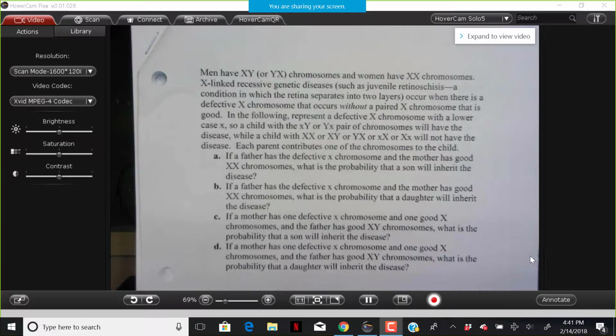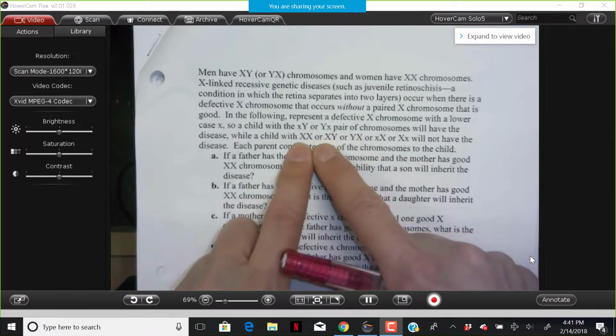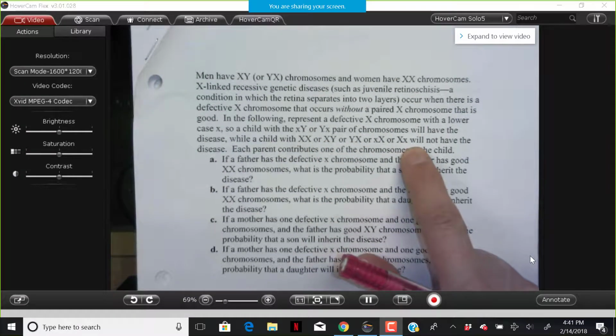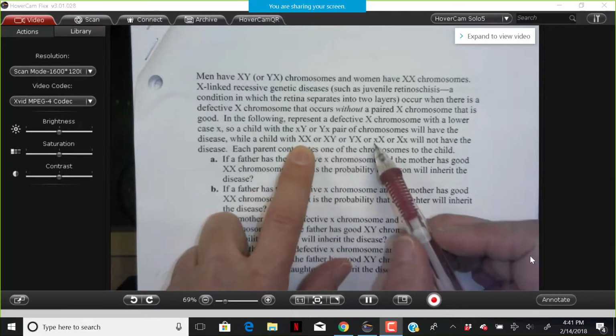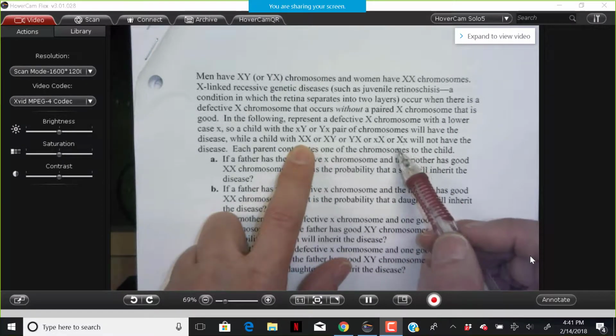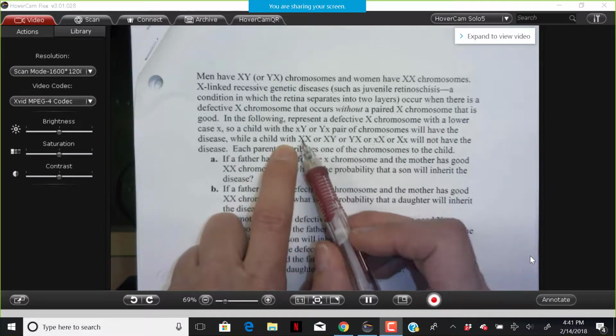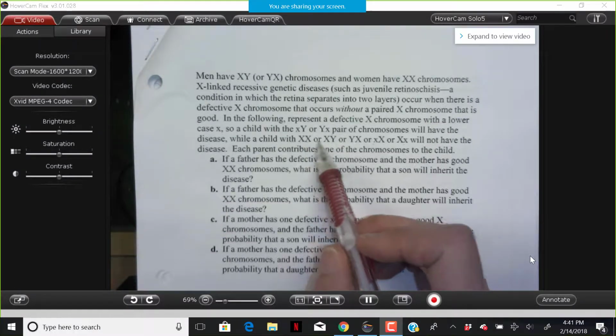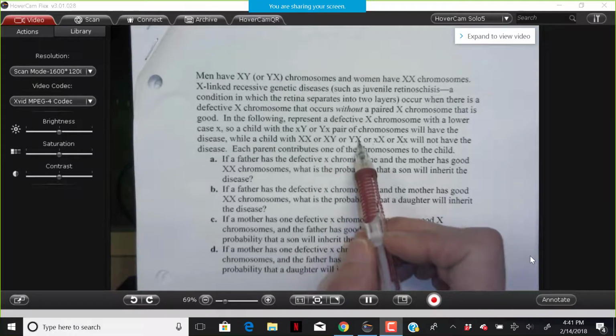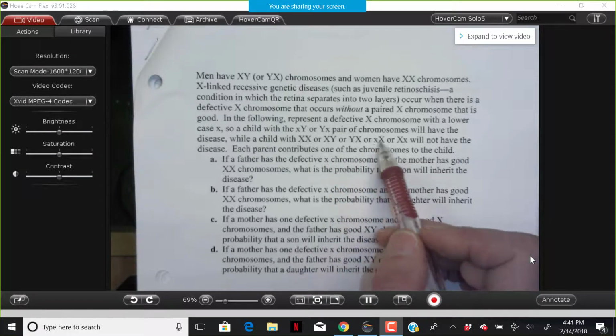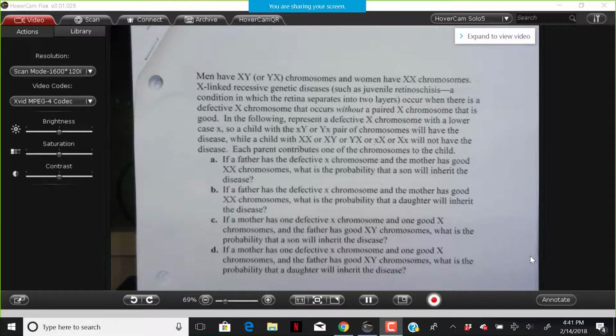While a child with any of these other genotypes will not have the disease. They could be a carrier, but not have it because it's recessive. So if you have two good X's, you're good. If you have a good X and a Y that doesn't even have that, you're good, or switch the order. Even if you have one bad X and a good X, it's still good. You won't ever have it.